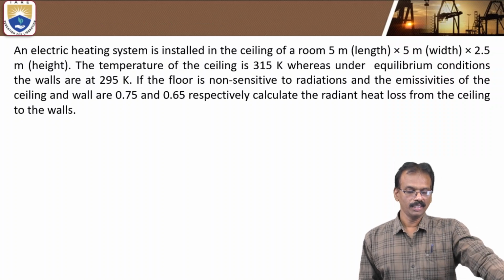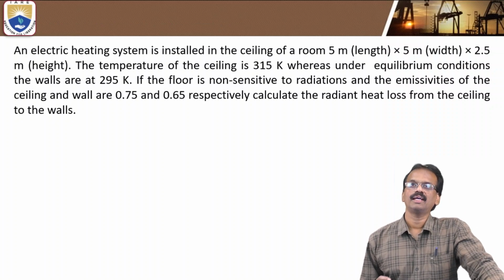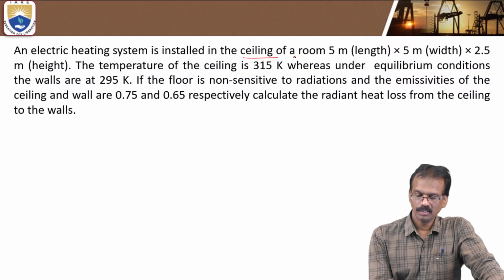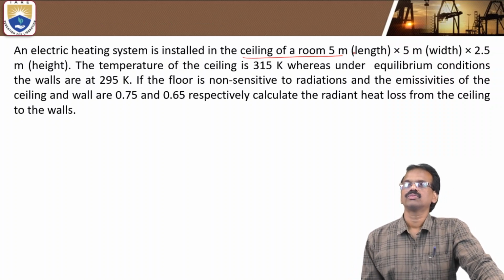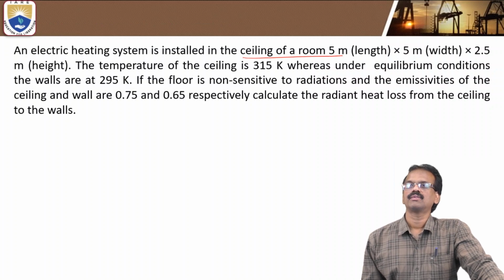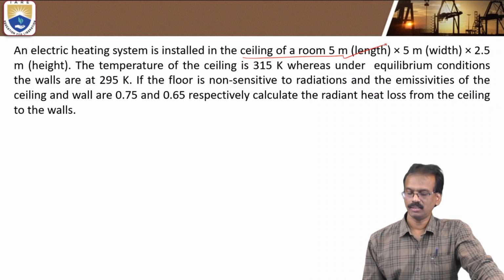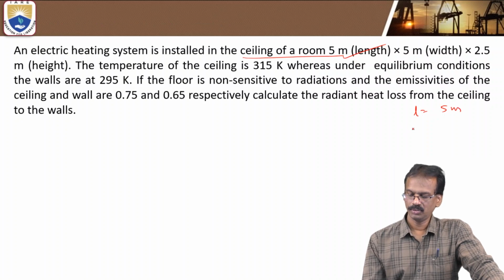So an electric heating system is installed in the ceiling of a room. The room measurements are also given. The length of the room, L, is 5 meters, and the width or breadth is 5 meters. Height is equal to 2.5 meters.